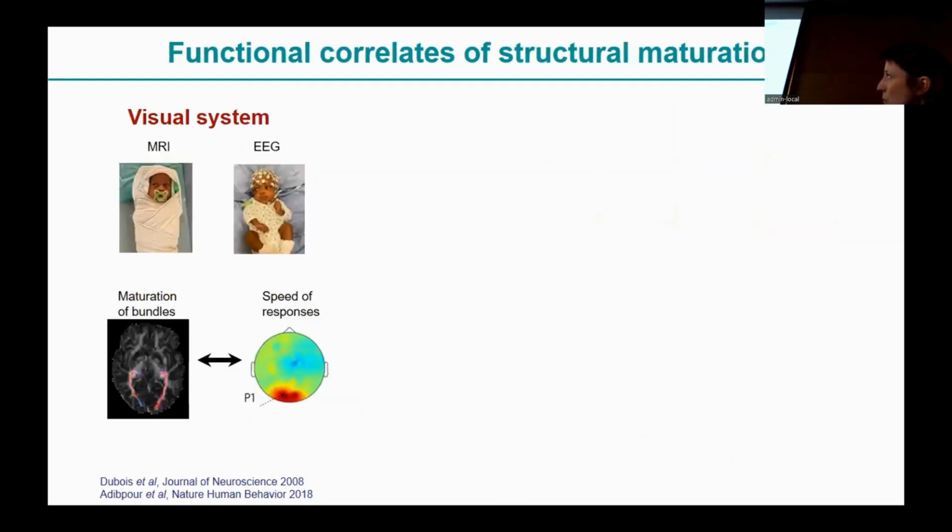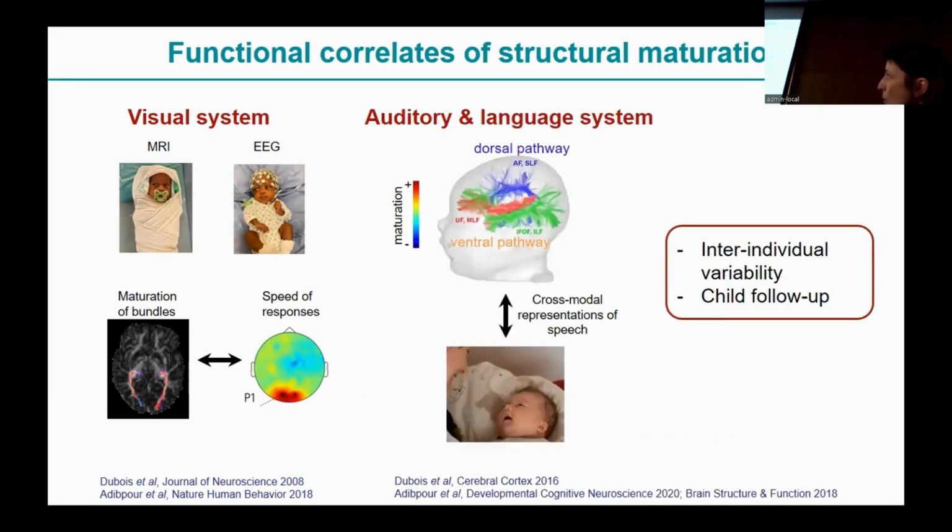And for that, I would just like to mention two kinds of studies that we've done in the last years with Ghislaine Dehaene-Lambertz in babies, with studies that used both MRI and EEG in the same infants, and that related the speed of the functional responses, for example here to visual stimuli, to the maturation of the white matter bundles.